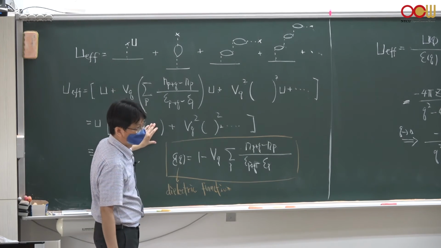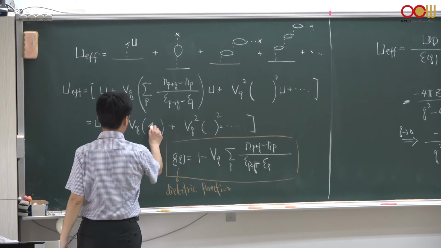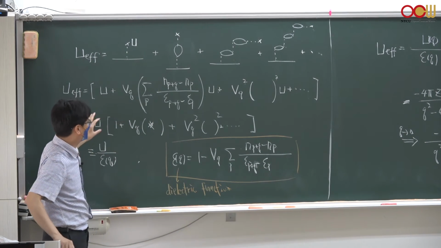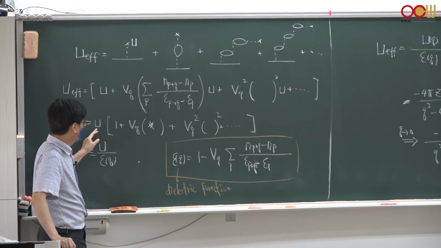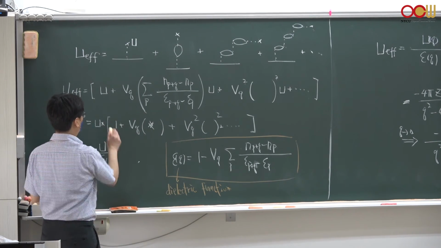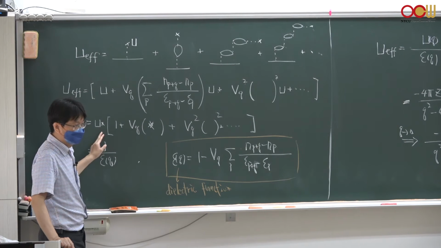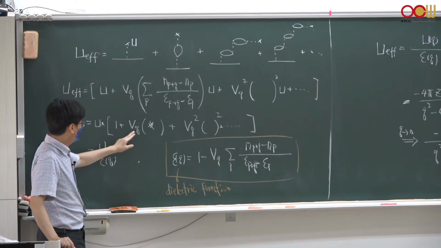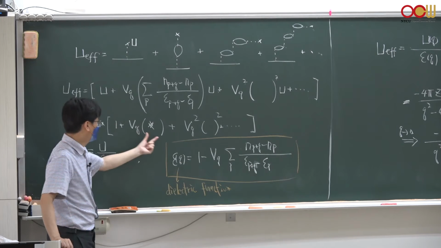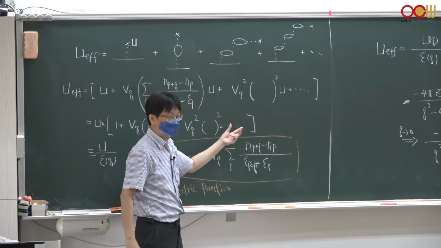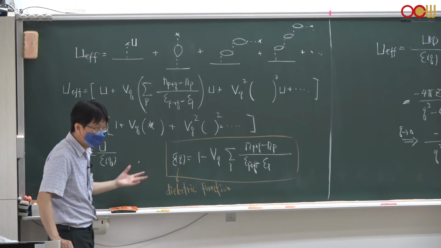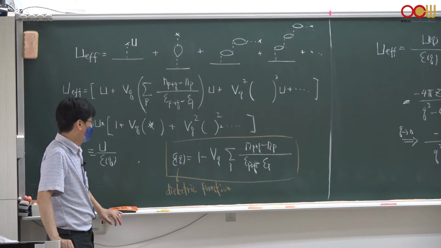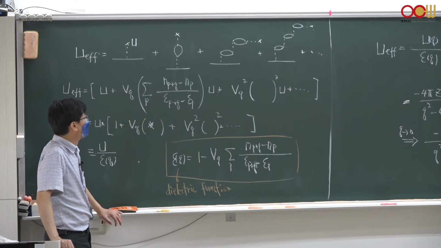It's just some kind of a bracket, and you could organize all these terms in such a way that you put this common factor U in front and multiply by everything inside the bracket, which is 1 plus VQ times bracket plus VQ squared bracket squared plus VQ cubed bracket cubed, and so on and so forth, up to the infinite number of orders in VQ and bracket to the power of n.